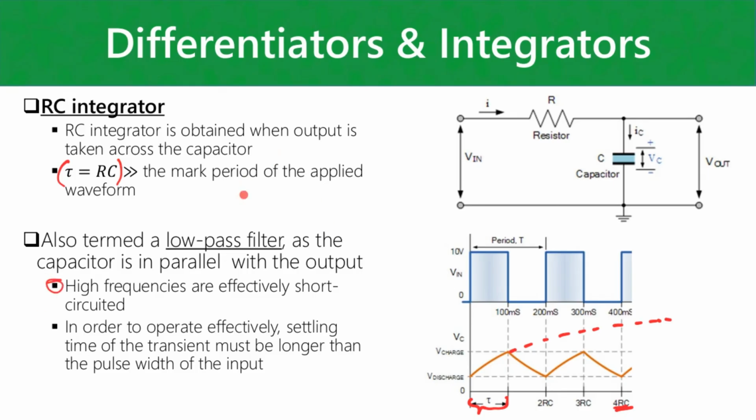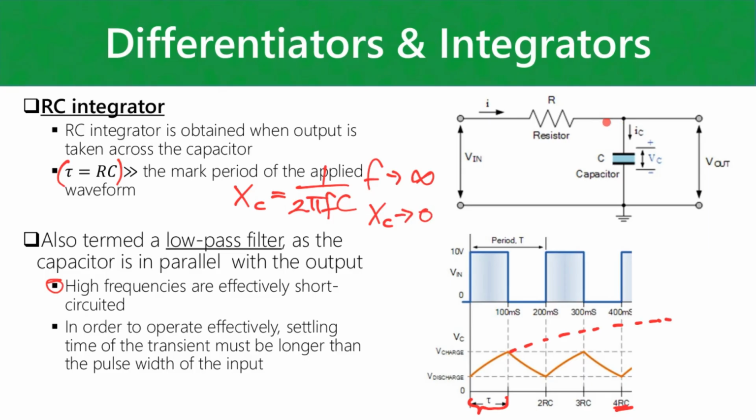If we take a look at our capacitive reactance formula, if the capacitance stays constant and the frequency goes up, so if frequency tends towards infinity, then XC will tend towards 0.